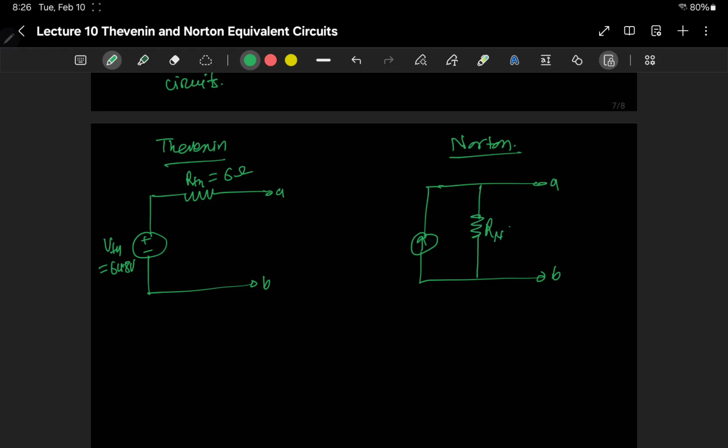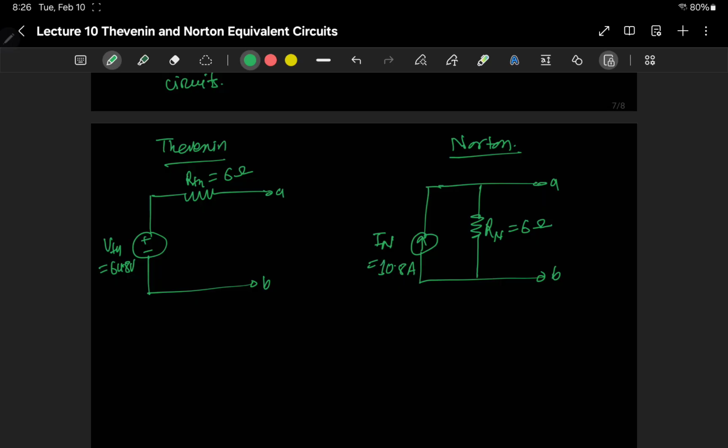So RN is equal to RTH is equal to 6 ohm, and IN is equal to the short circuit current, not 6, 10.8 amperes. So that was the short circuit current.